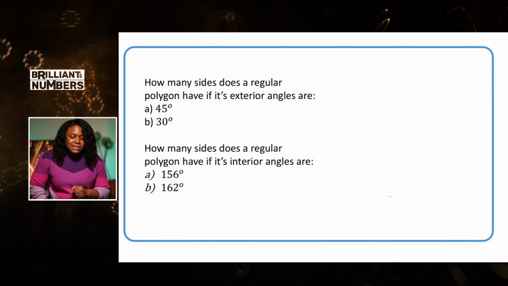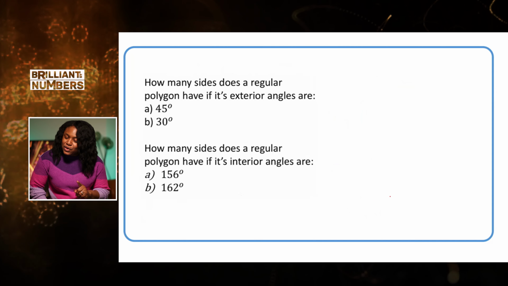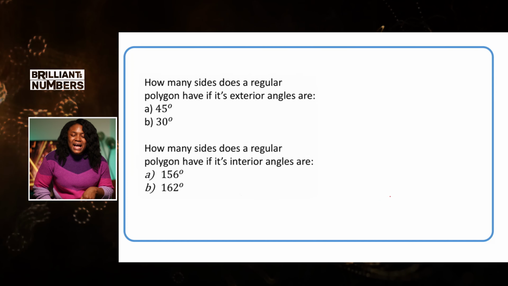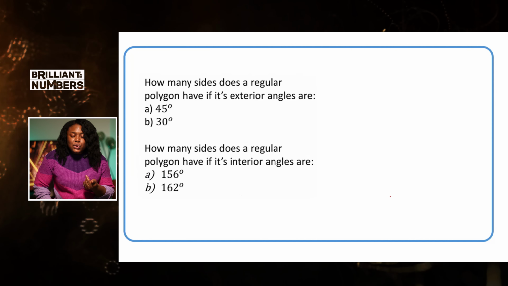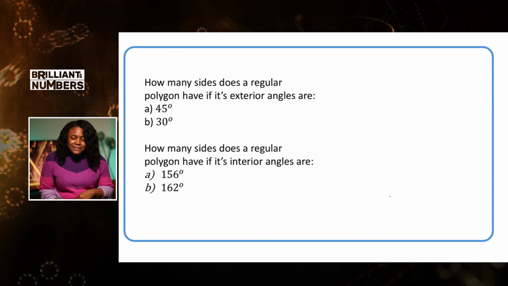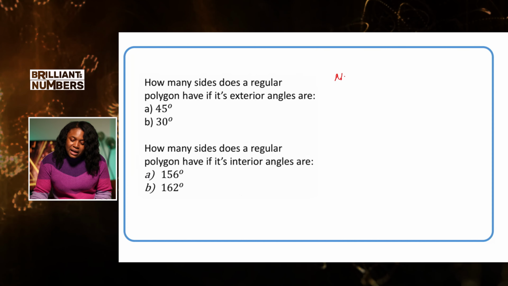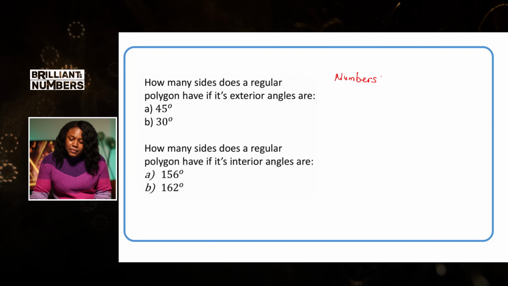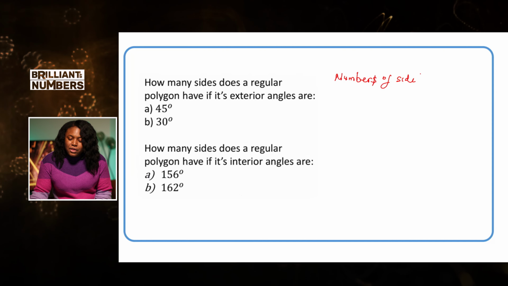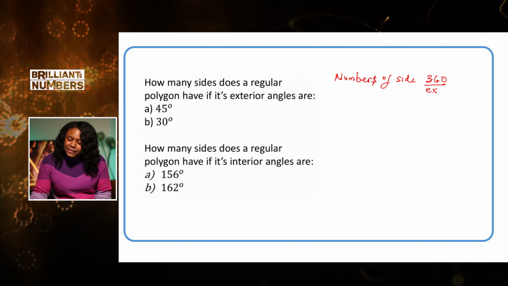Now we move on to a question for application. We're asked to say how many sides a regular polygon has if its exterior angles are 45 for A and 30 for B. I've just given you that formula on the other slide. We want to find out the number of sides, so the number of sides is equal to 360 degrees divided by the exterior angle.